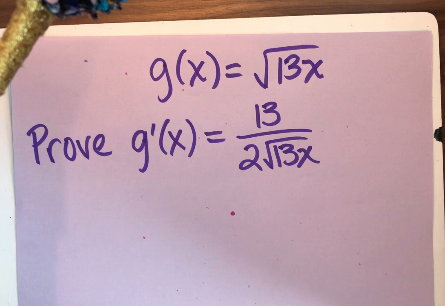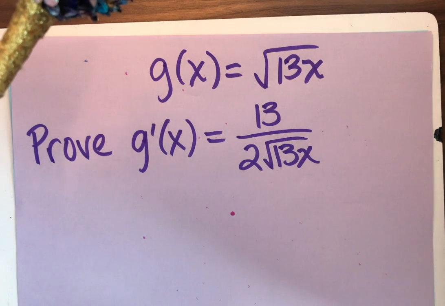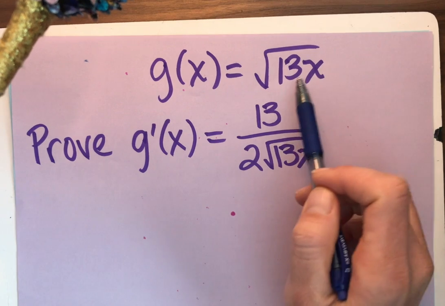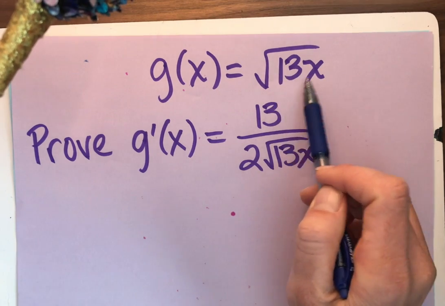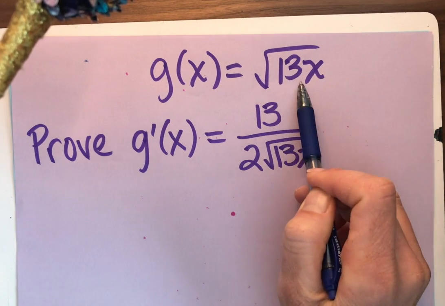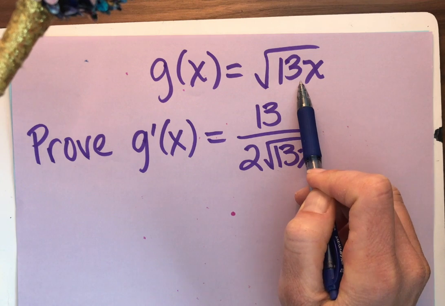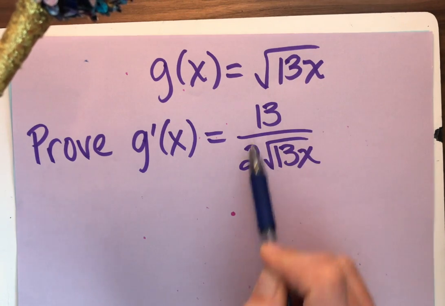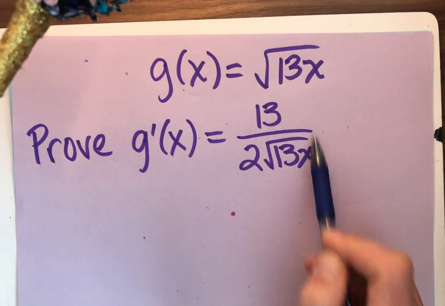Take your time, but here I have g of x is the square root of 13x. Now, I'm throwing a curve at you here because the 13 is in front of the x. We actually have a coefficient here, and I want you to see how that coefficient affects the derivative.